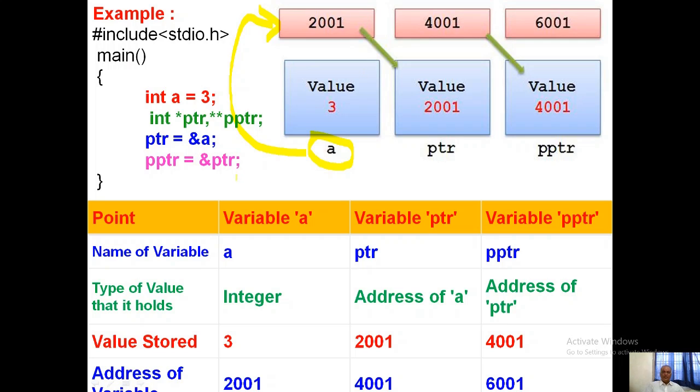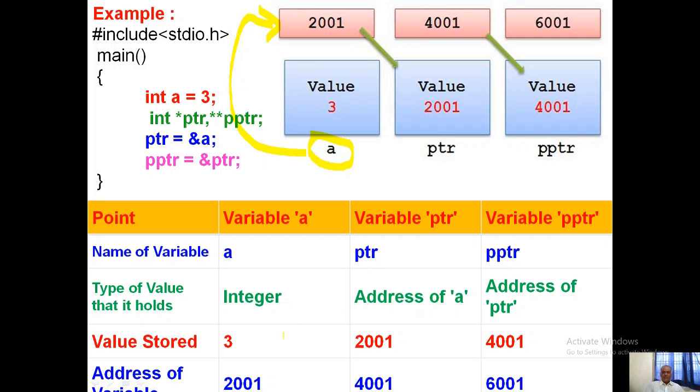At the same time, here is int star ptr, and int star star pptr. We will go through this: ptr equals ampersand a, and pptr equals ampersand ptr.